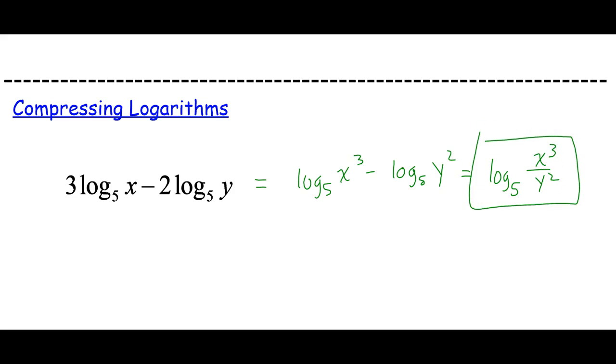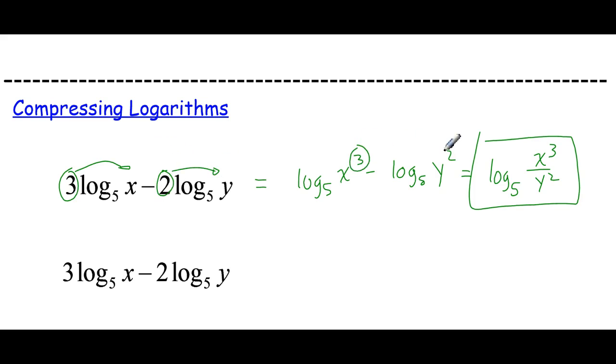One of the interesting things about compressing logarithms is there's sometimes more than one way you could do it. Like this problem here, I could have done this a different way. When I brought in these coefficients, I brought in the 3 and made it an exponent, I brought in the 2 and made it an exponent, and that's where this came from and where that came from.